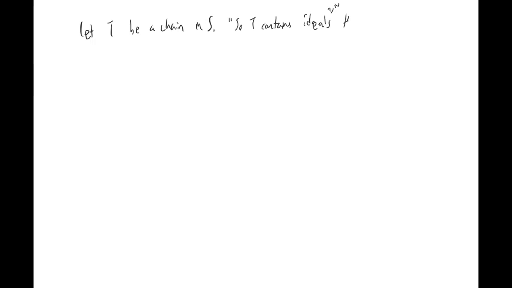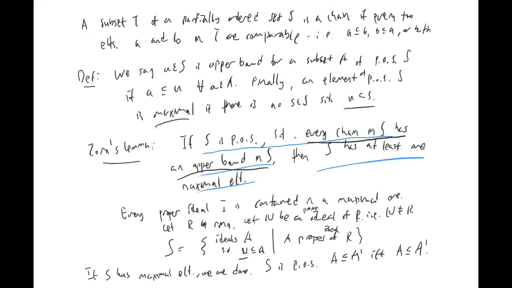They are ideals that can all be compared, if you remember the definition of chain. So what do I need to show? I need to show it has an upper bound. Everyone follow from Zorn's lemma? I need to show this chain has an upper bound.